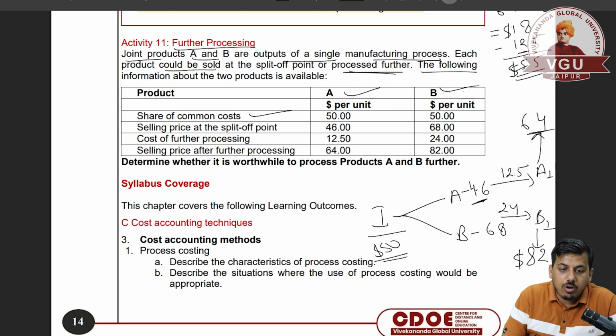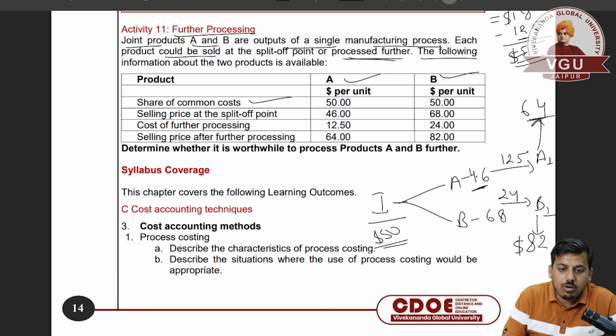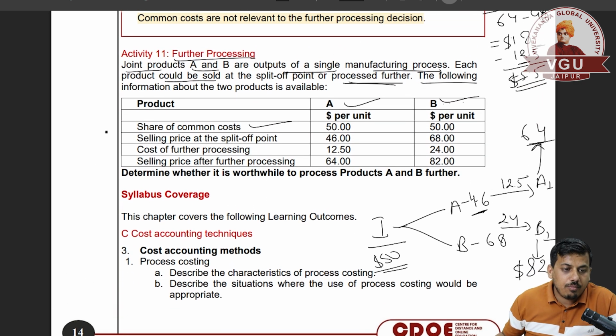And for product B, I'm just doing it right here. Previous sale value was 68 and the new sale value is 82. So incremental revenue is 82 minus 68.